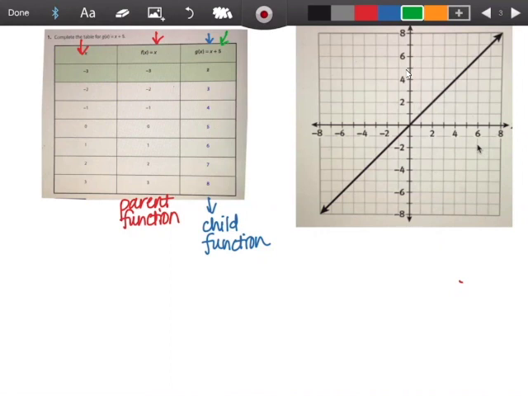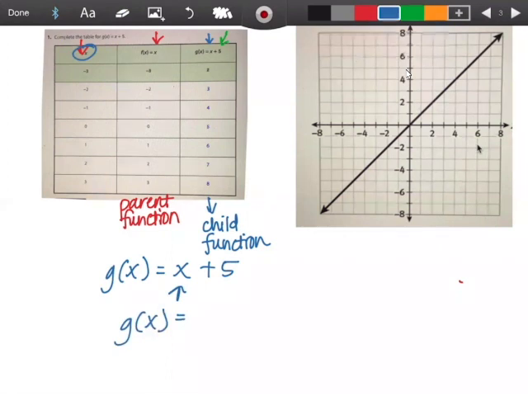So how do we get the values for the child function? If we know that g of x is equal to x plus 5, in order to get our output, we would simply take the values of x and substitute it where x goes. So I'm just going to do one, and I believe this is what everybody did.